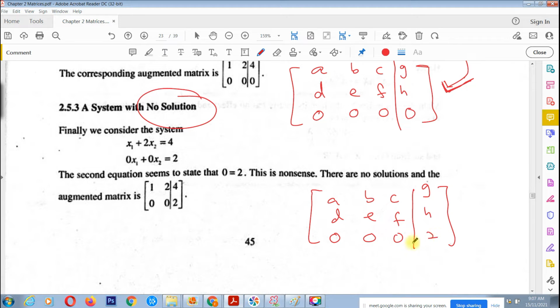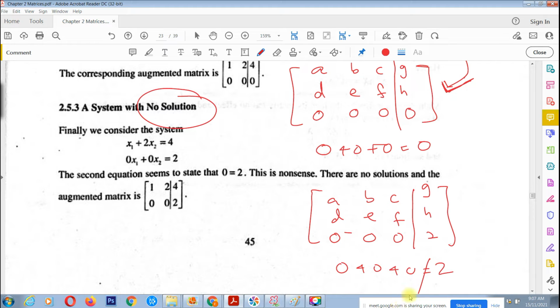So there is no solution. 0 plus 0 plus 0 equals 0, right? But here 0 plus 0 plus 0 equals 2.